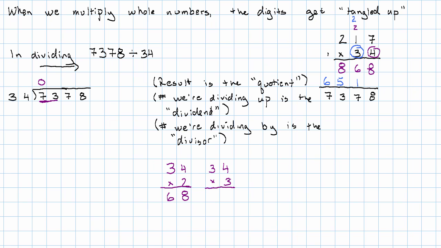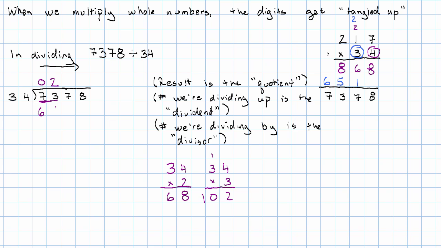If I take 3 of them, 3 times 4 is 12, 3 times 3 is 9, plus 1 is 10. No, that's too much, right? I only have 73. So 34 goes into 73 twice.